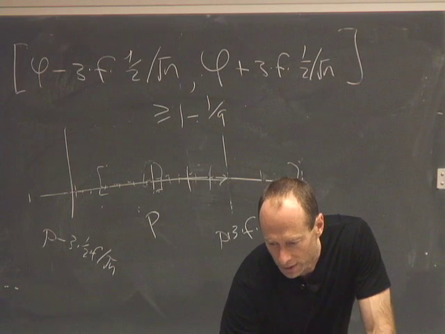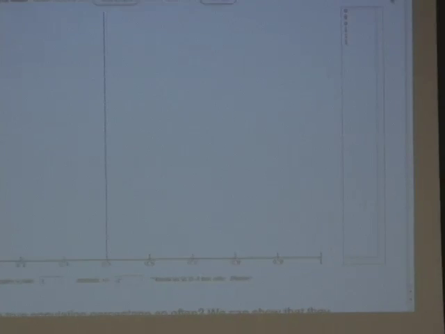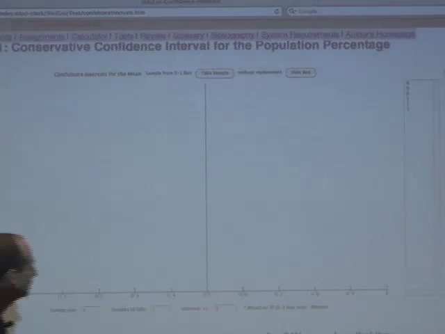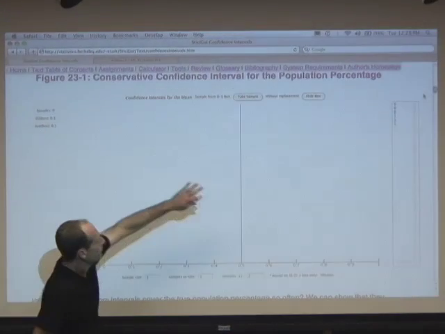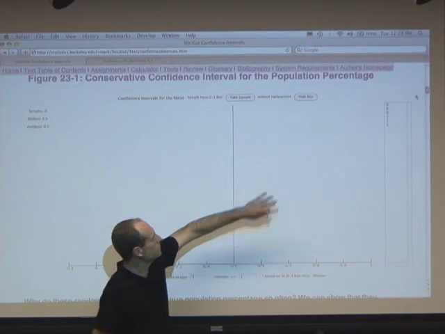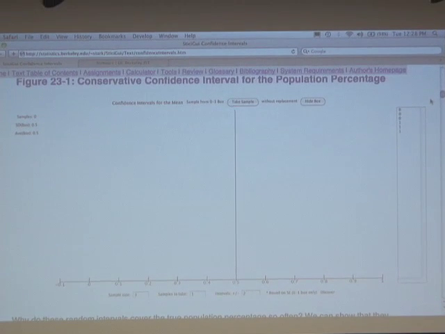Let's do a little. Okay, so what do we got? We have a 0, 1 box. In this case, there's 3 zeros and 3 ones. And we're going to sample without replacement.